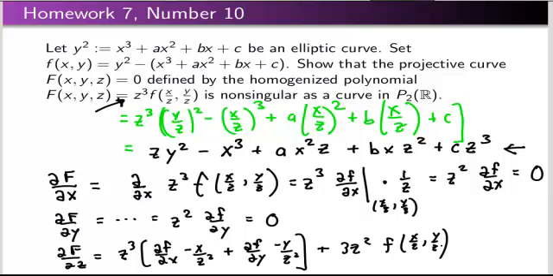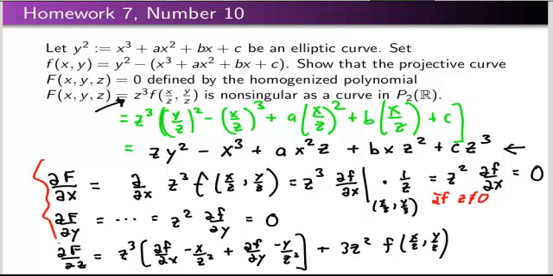So, well, okay. When you're putting all this together, you'll get certain points where either z is 0 or these partial derivatives are both 0. So if z doesn't equal 0, what do you conclude? Just from the first two equations.